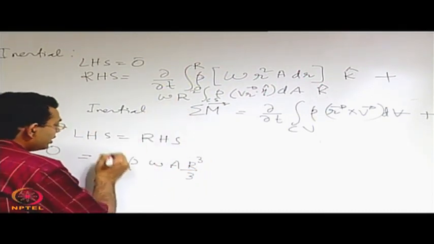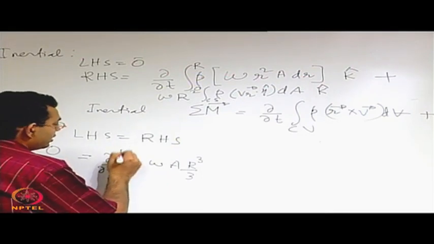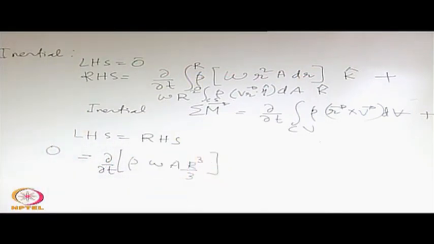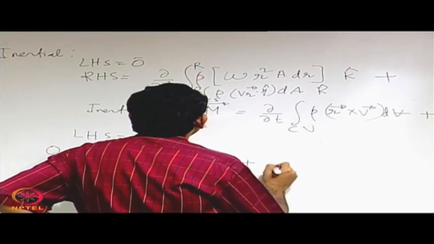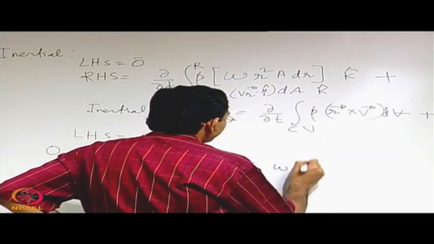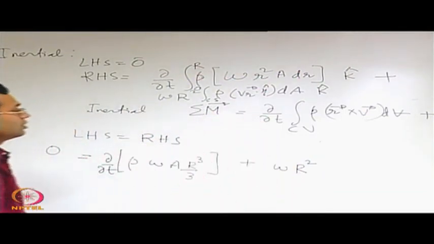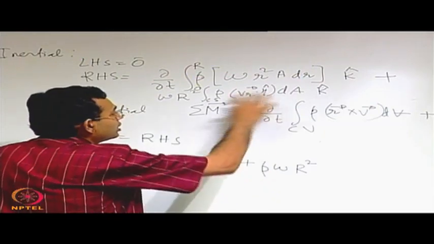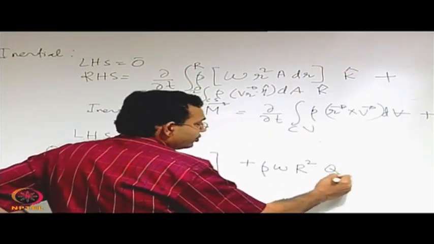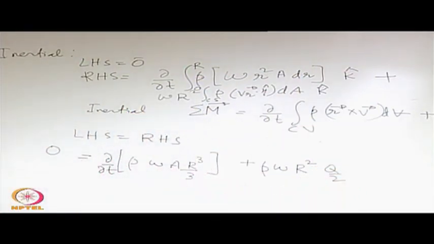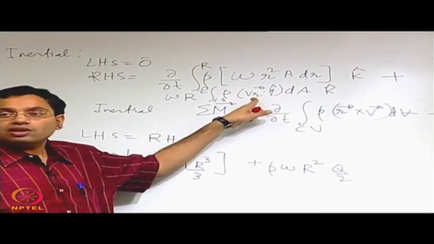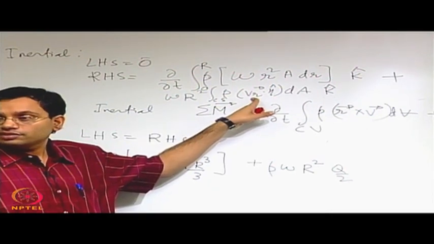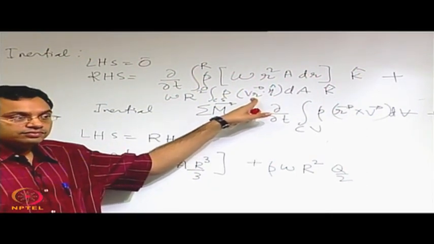Now, a partial derivative of that with respect to time, and then the remaining one, plus omega r square into rho into the remaining term, Q by 2, because remember no matter whether it is inertial or non inertial, this velocity is always V relative for the flow rate calculation.